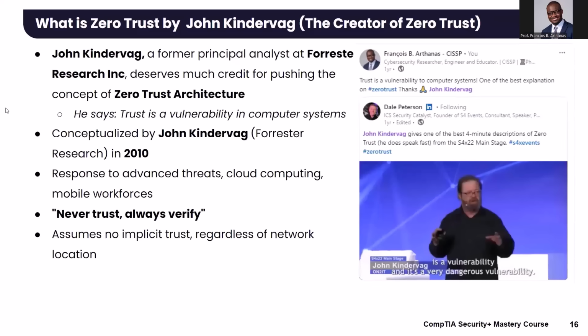Well, John Kindervag, I don't know if I'm saying his last name right. He deserves a lot of credit for pushing zero trust, for putting zero trust out there at a time when people didn't even know what this was, right? Like I said, Google was doing some of this back in 2009-ish when they got attacked by China.